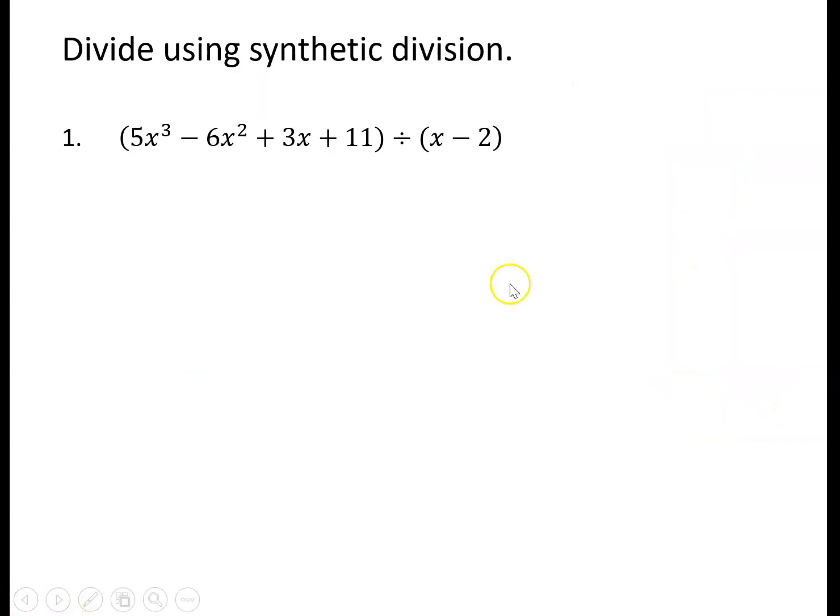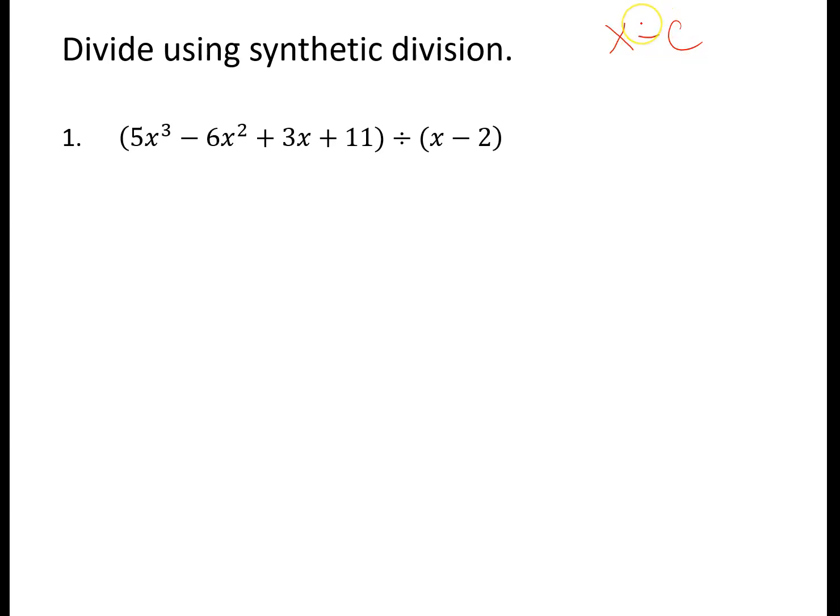Okay. So I am just going to teach you the method by working through some examples. So remember, the first polynomial here in our problem is called the dividend, and the second one is called the divisor. So you are going to look at your divisor, and notice it said x minus c.